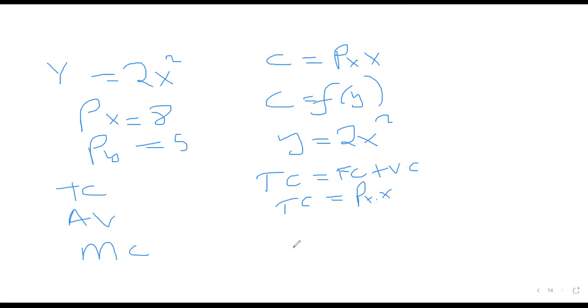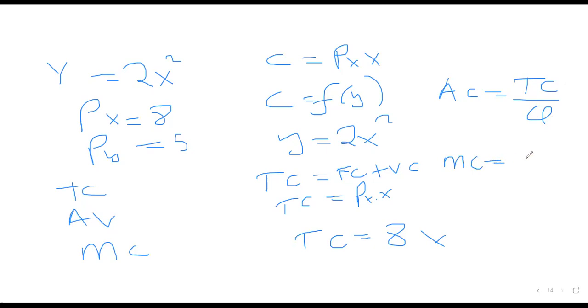With the parameters given here, total cost will be equal to 8x. Now, to find average cost, who remembers the formula? It is simply total cost over quantity. To find marginal cost, it's simply dTC over dQ.